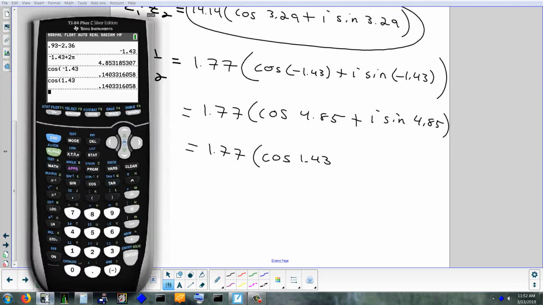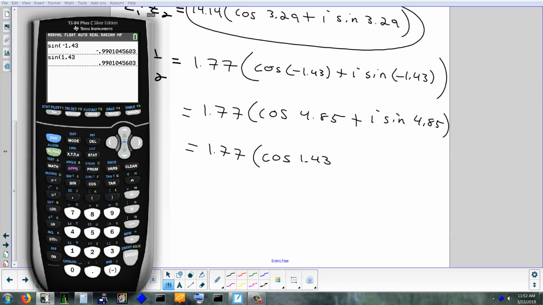Now, let's look at the same thing for sine. Sine of negative 1.43, sine of 1.43. Are those the same? No, they're not the same. But what are they? They're opposites, right?